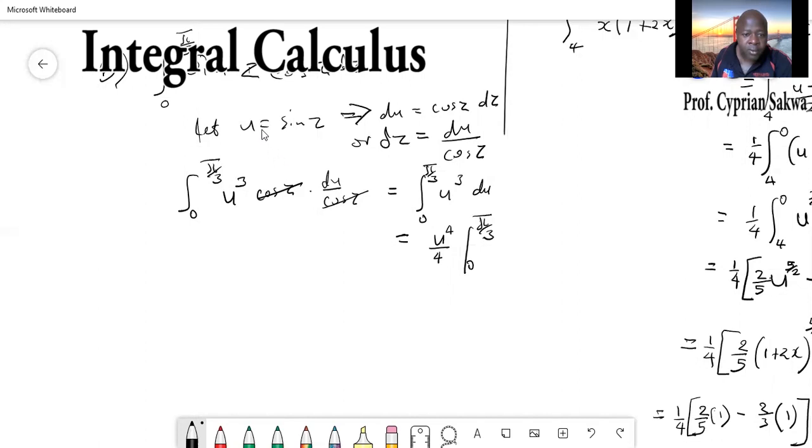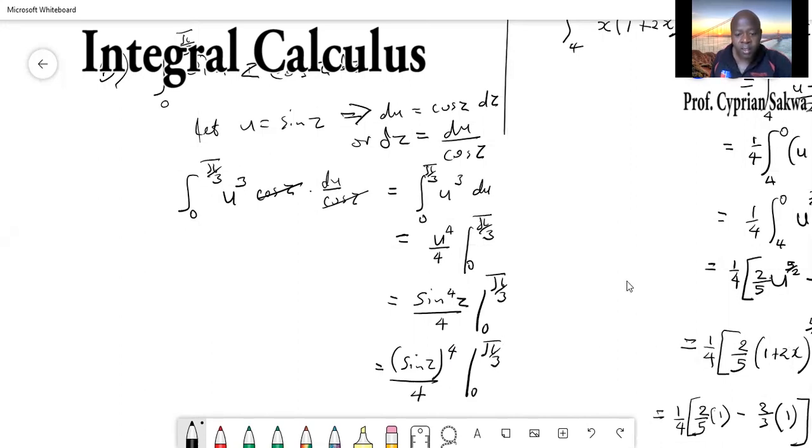Instead of u writing sine z, so what we have here will be sine raised to 4 of z over 4 from 0 to pi over 3. Remember this is just the same as sine of z raised to 4 over 4 from 0 to pi over 3.